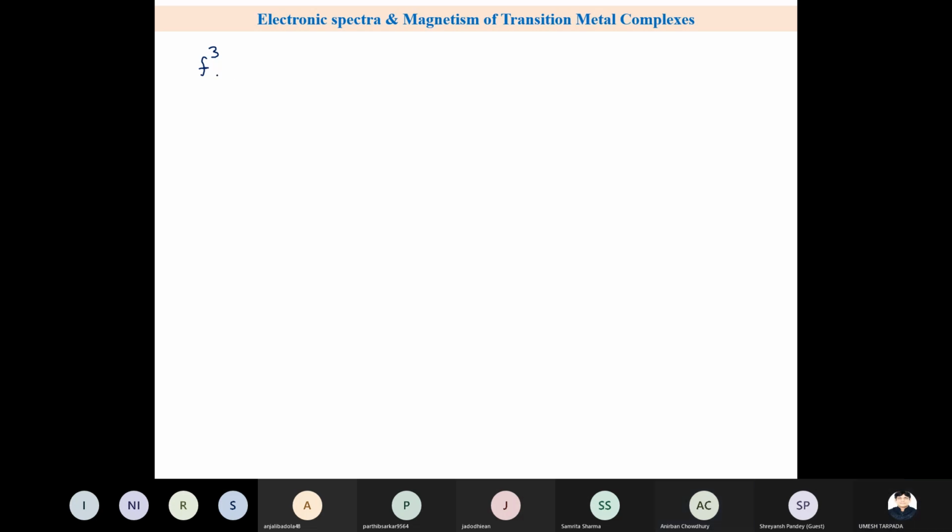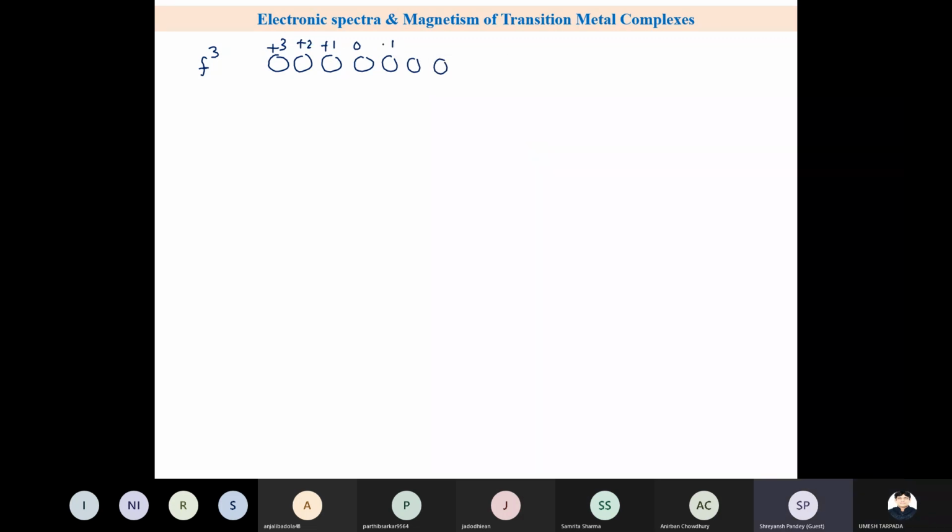The F orbital is 7 in number, so its L value goes from +3 to -3. These are the possible L values.